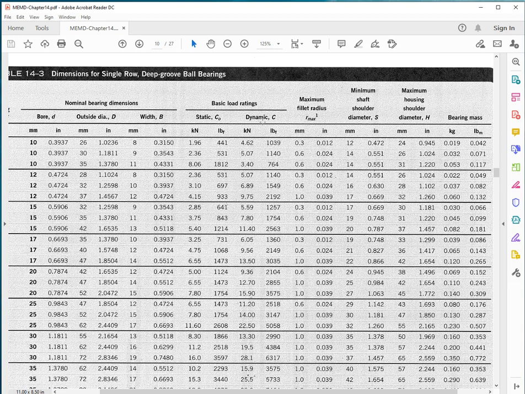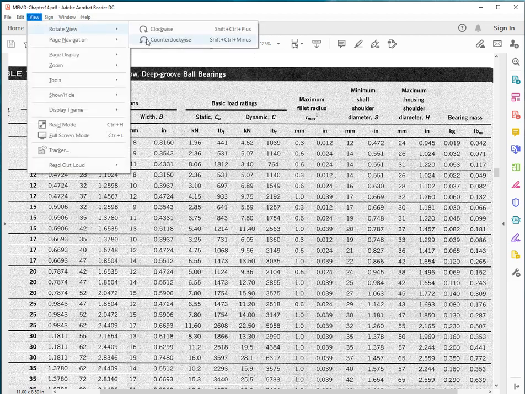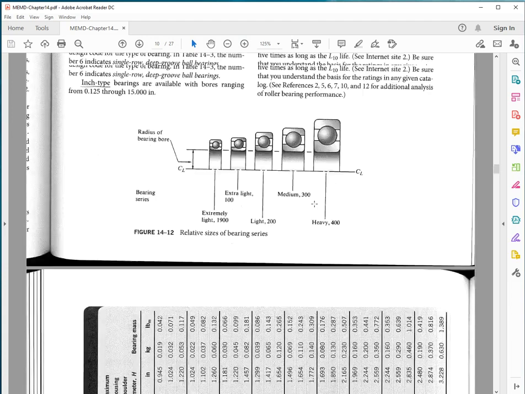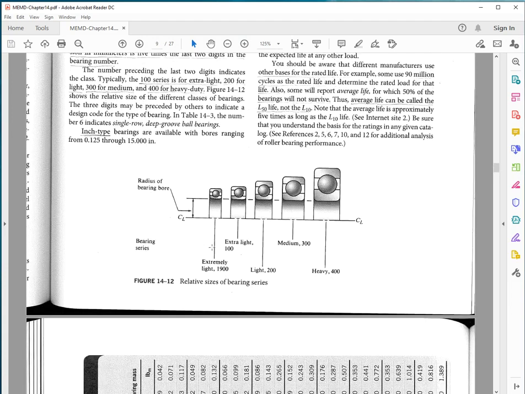But regarding the bearing life, you have here two figures. It's the static rating and dynamic rating, C0 and C. Okay, and as you can see, we have the static load rating and dynamic load rating as numbers. And let me go back to the original view. So here are the various series sizes for the same bore diameter.